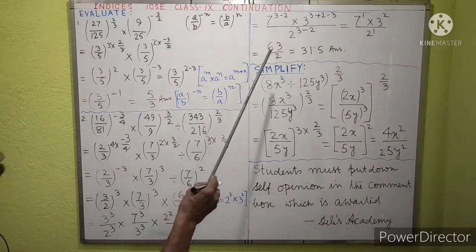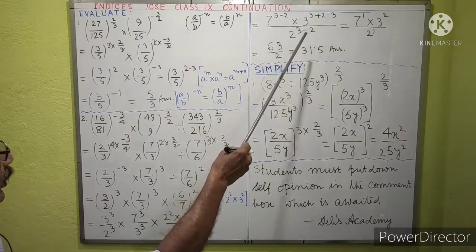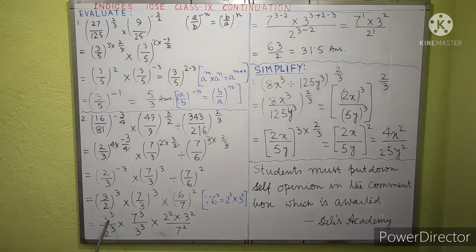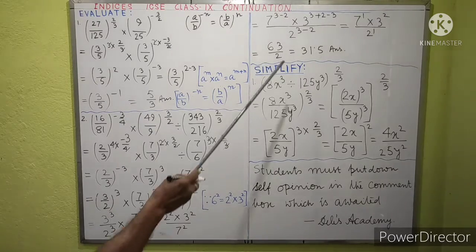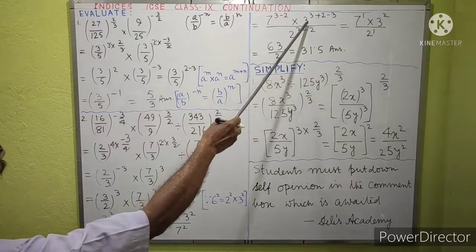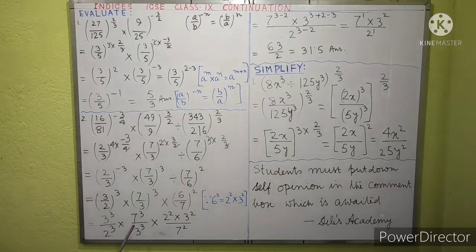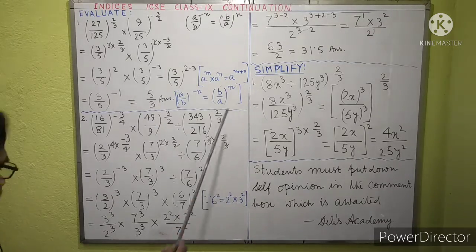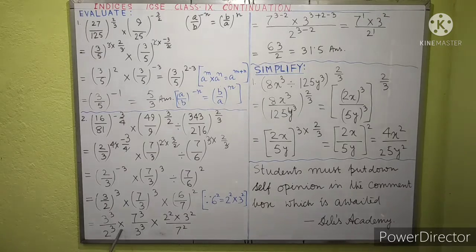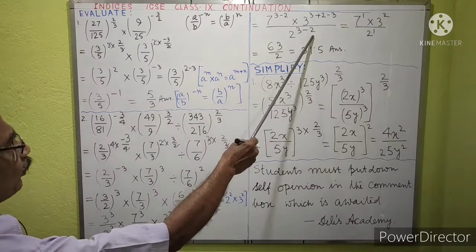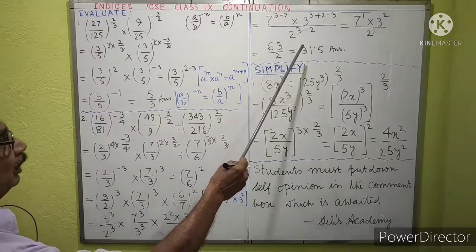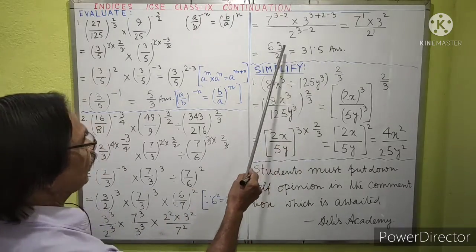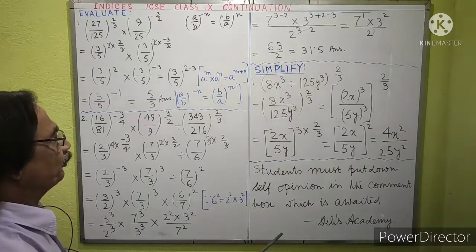Now we cancel out with the help of indices: 7 to the power 3 minus 2, and 3 to the power 3 plus 2 minus 3, with 2 to the power 3 and 2 to the power 2. After cancellation we get 63 by 2, which is 31.5.